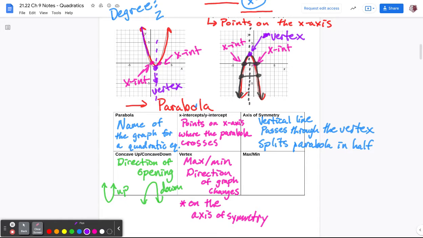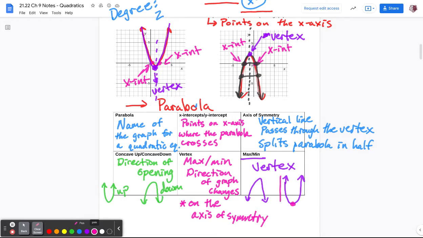Here we're decreasing to increasing. Where it changes directions represents our vertex. So our maximum or minimum, this always happens at the vertex. We're talking about the y values of our parabola. So if we have a parabola that opens up and a parabola that opens down, the maximum or minimum will always be at the vertex.